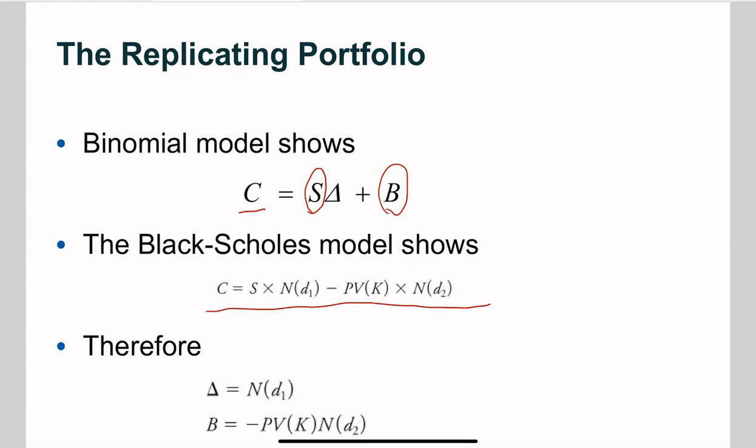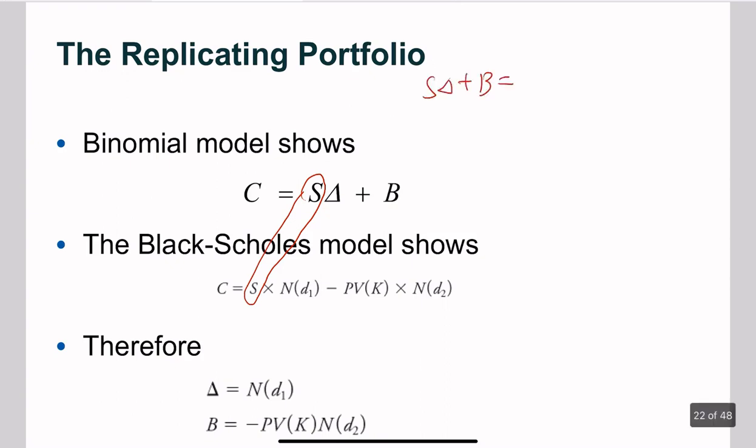Now compare these two formulas. What you can see here is they both have S, right? So if you compare these formulas, you can write something like this: S delta plus B equals S times N(d1) minus PV(K) times N(d2).